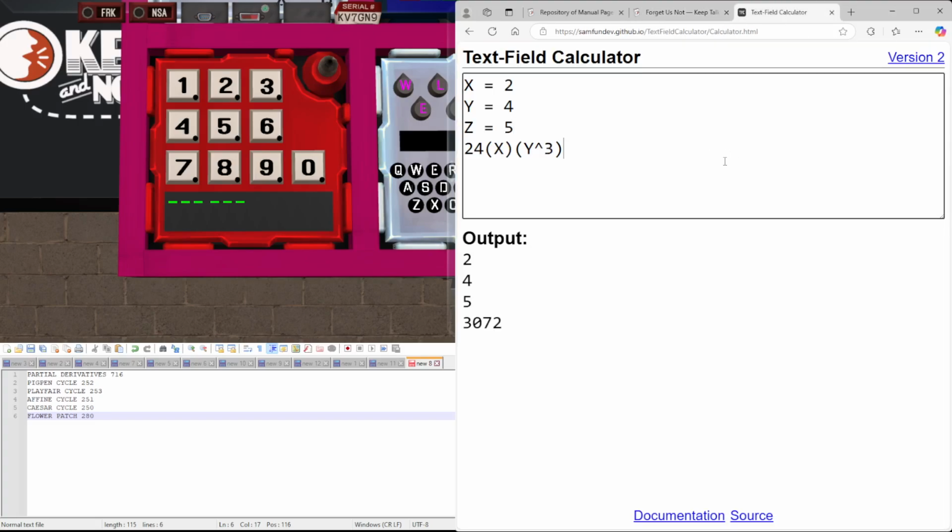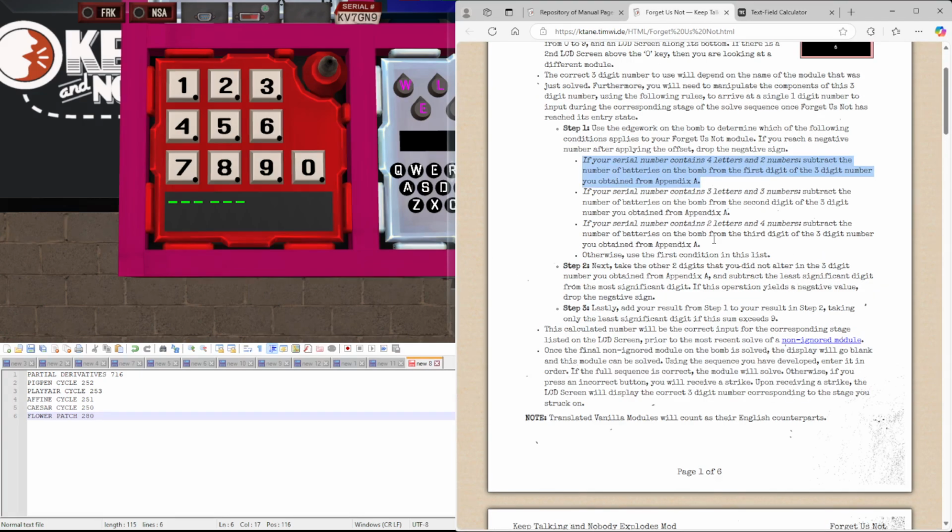So we have the value, so in this case it would be 7 for example, 7 plus the absolute value, so the least significant digit from the most significant digit.